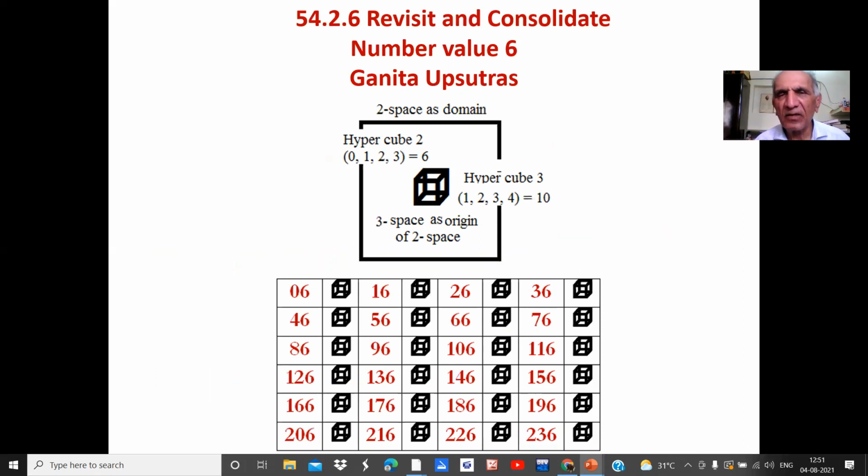It is here where we have to remind ourselves that we are entering the Vedic mathematics domain.